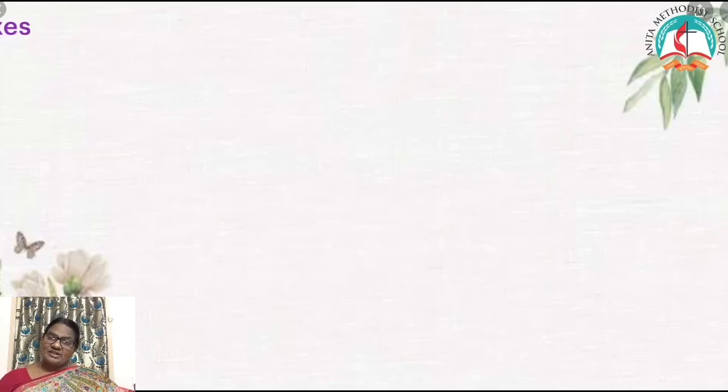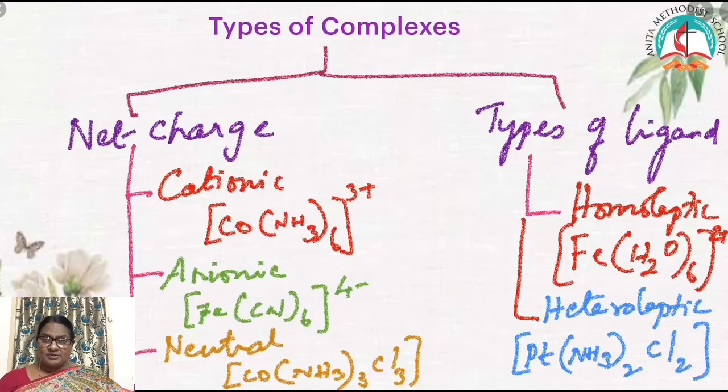Complexes are classified on two bases. The first one, they are classified on the basis of the net charge they carry. As usual, positive, negative or neutral. If the charge on the complex is positive, then it is called a cationic complex. So you can see here hexaammine, it is a cationic complex with a plus charge.